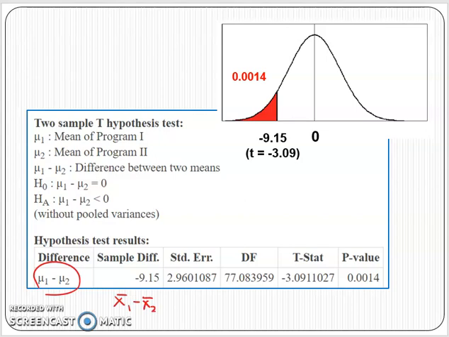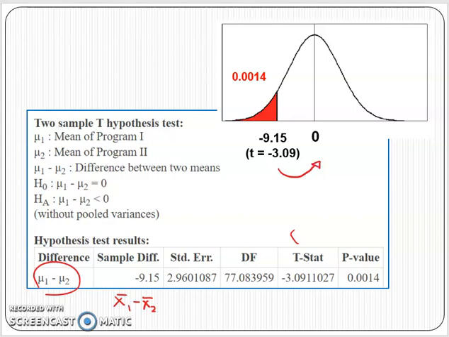The standard error in that test statistic is the bottom portion. What we want to focus on is the t-statistic. This is the value of the test statistic, negative 3.19. That says essentially that our sample difference, negative 9.15, is about 3 standard deviations less than that mean.